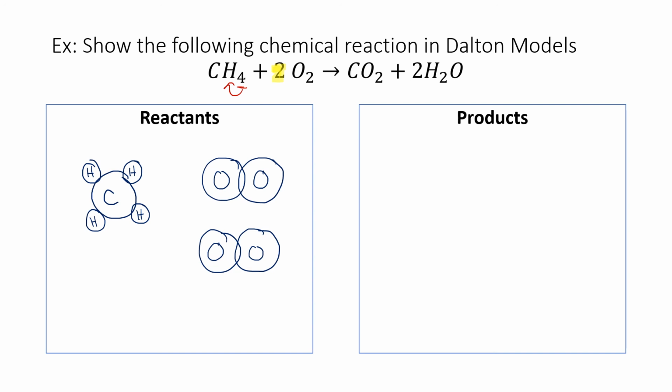So I have my reactants, and now I'm going to draw my products. I have CO2, so that means I have 1 carbon and 2 oxygens. And I have 2 water molecules.